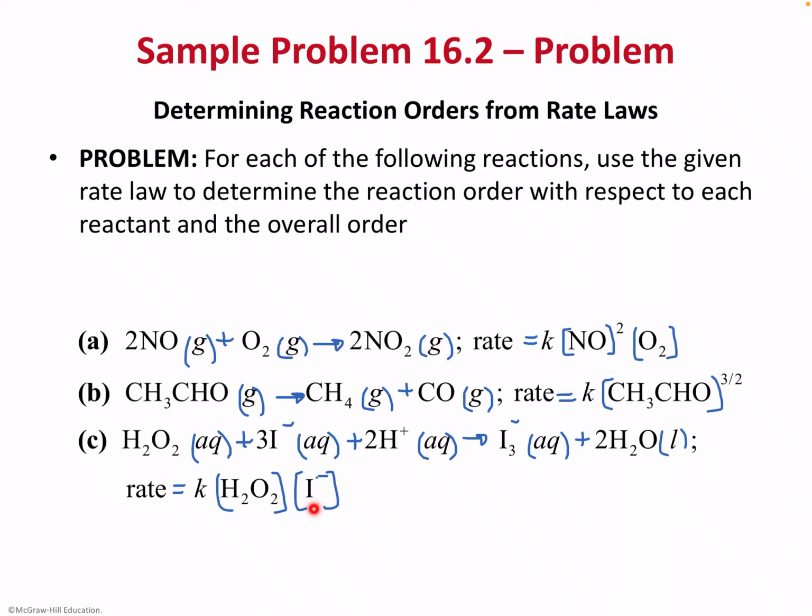That is also first order. So H+, even though it is a reactant, is not written here, meaning it is 0 order with respect to hydrogen. That's why it's not written. So the overall order would be 1 plus 1, second order for the third reaction.